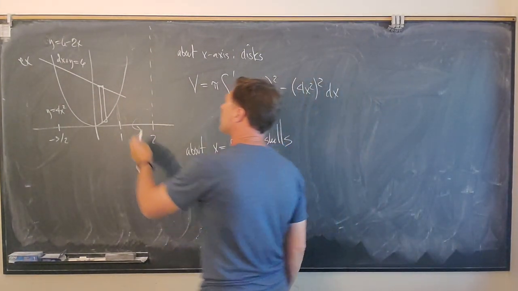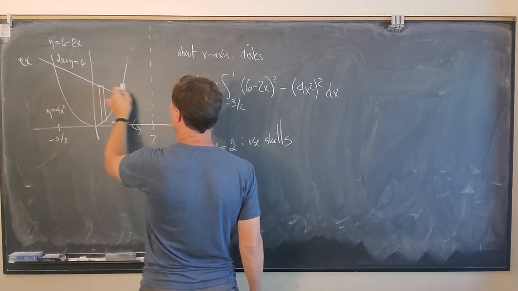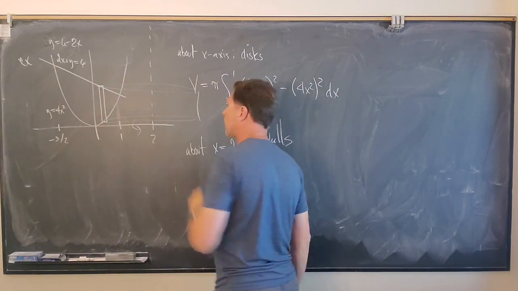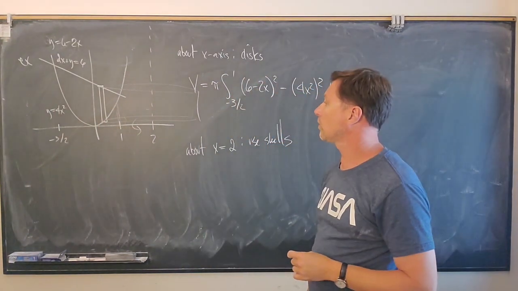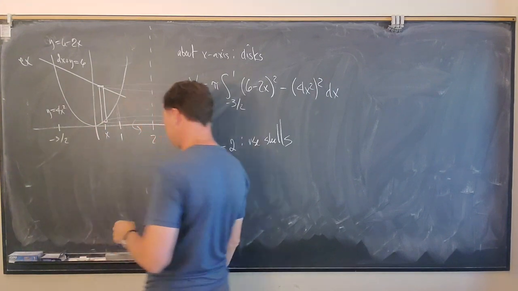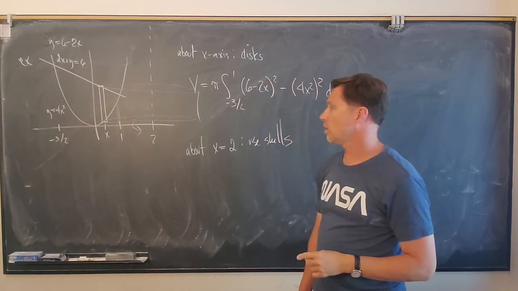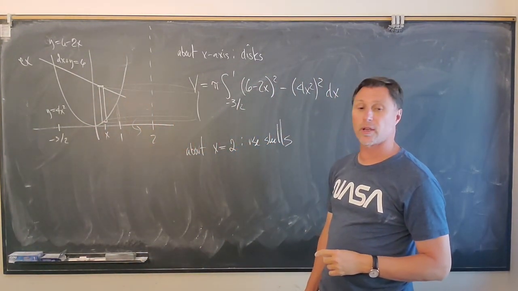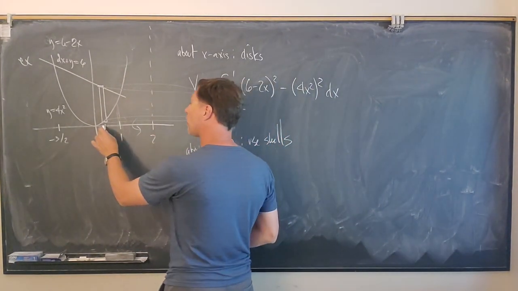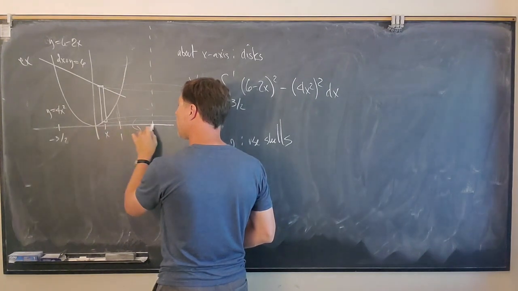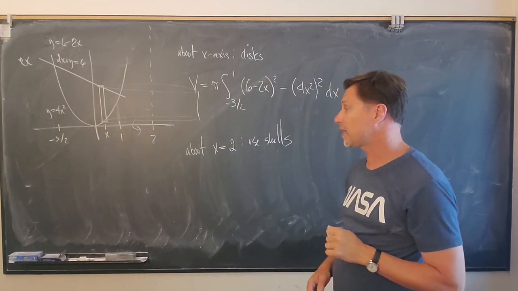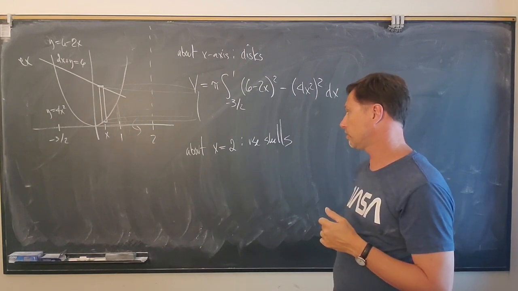If you take a rectangle and revolve it to generate our cylindrical shell, what changes in our setup? Well, the thing that changes is our radius. Instead of measuring to the y-axis, we're measuring to this axis right here. So the radius of our cylindrical shell is now that distance right there, which is measured as 2 minus x. So the radius changes.